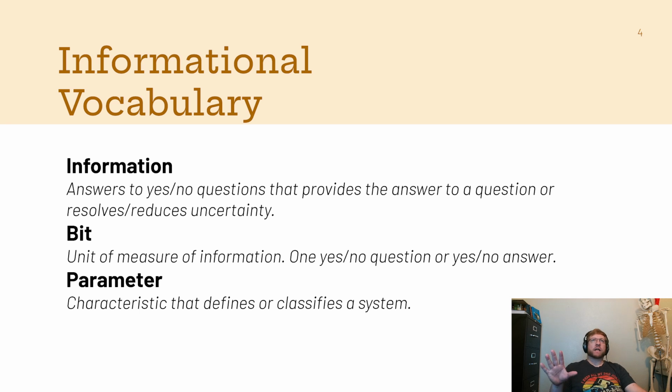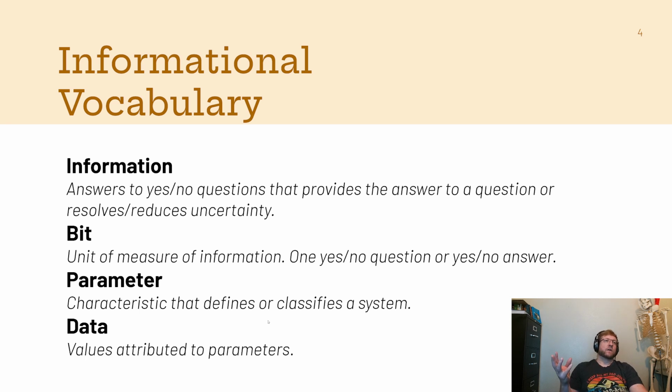We parameterize a system, and each system can often be broken down more and more. So when I talk about a parameter, it's a piece of information of some number of bits that defines or classifies a system. Data, then, are the values attributed to those parameters.